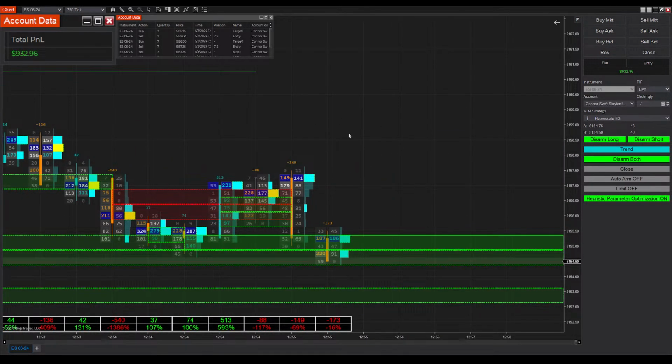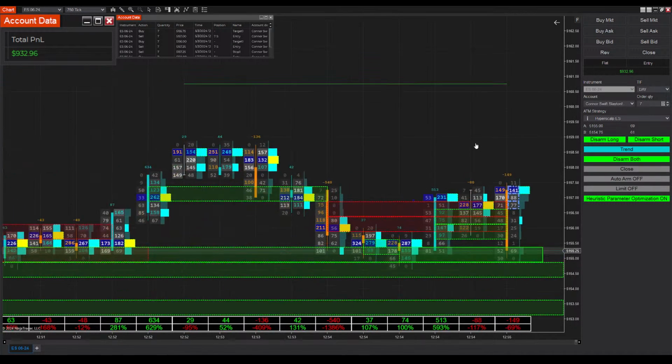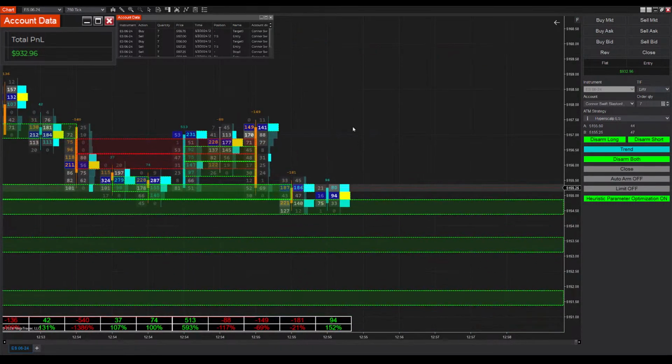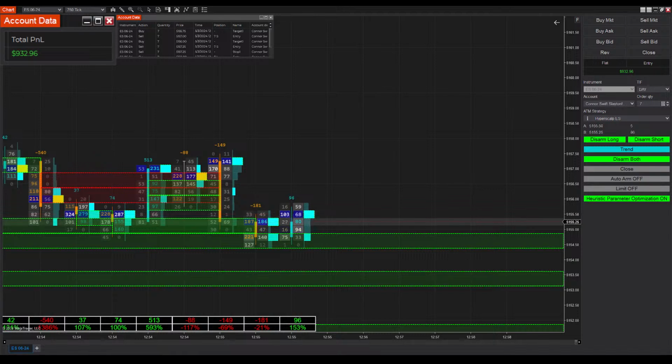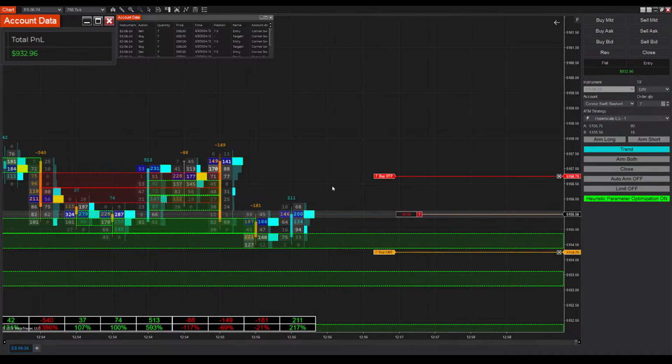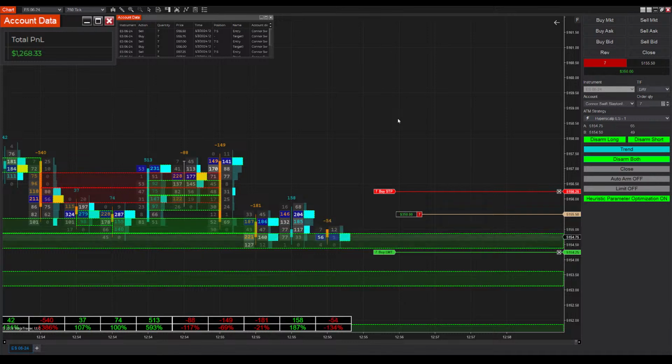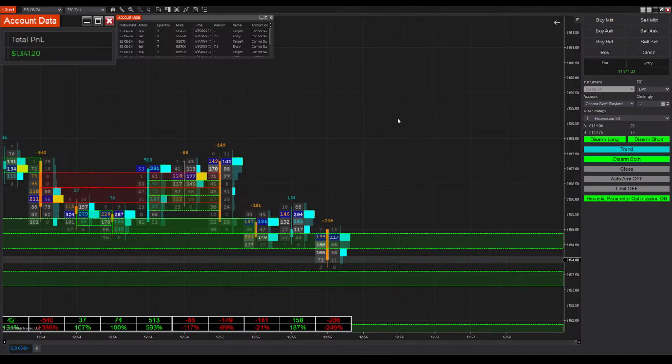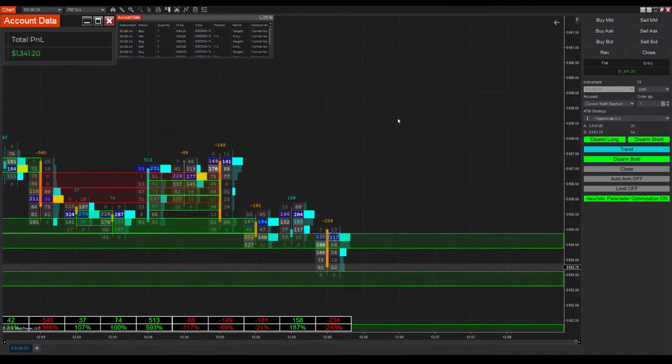The last 5 minutes should give us some pretty solid volatility here. Just got filled short now. Perfect. I ended up winning that one at 1,341.